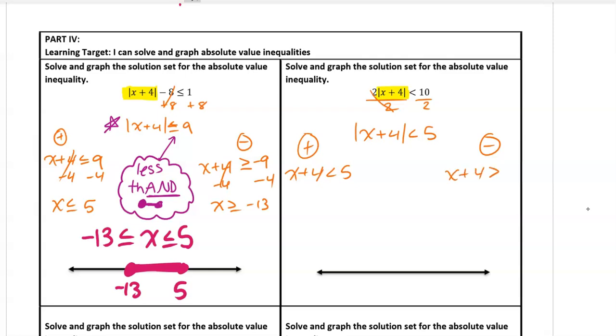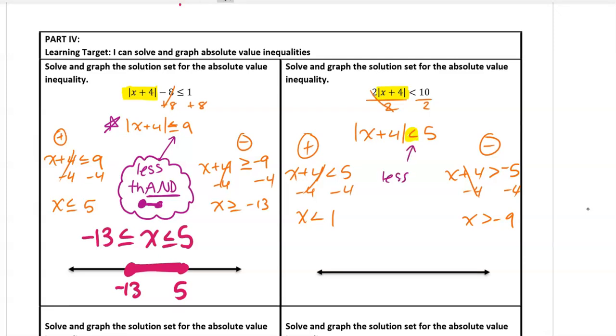And on the negative side, we have greater than negative 5. Subtract 4 from both sides. And here we have x is less than 1, x is greater than negative 9. We look back at the sign when we isolated, and it was less than.